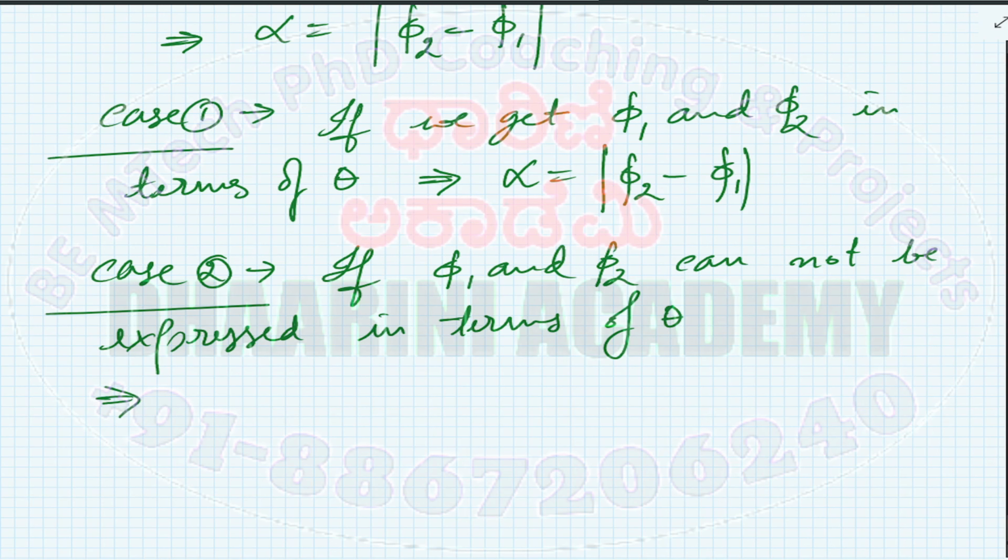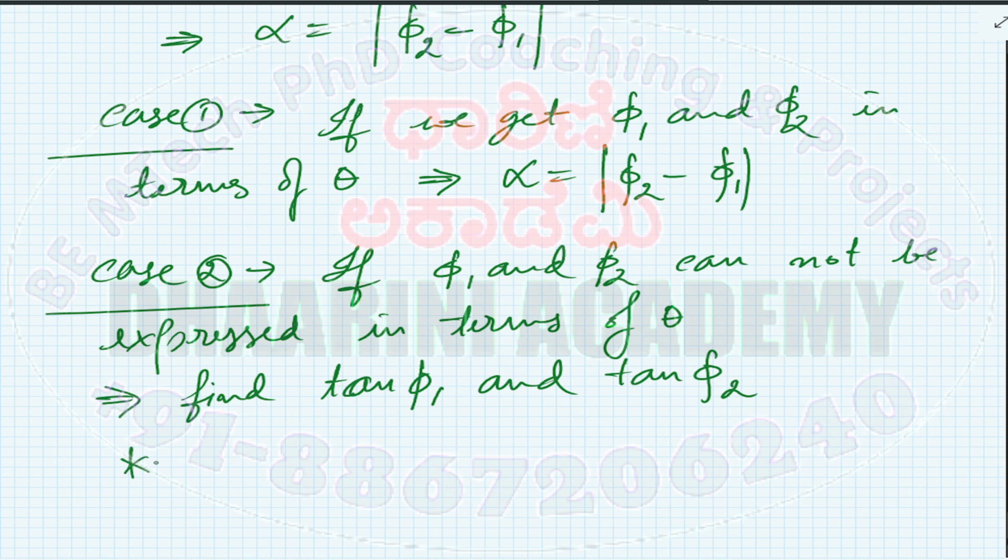Because still I need to calculate the angle. Somehow I need to do this. The solution is like this: we first try to somehow find tan of phi 1 and tan of phi 2.